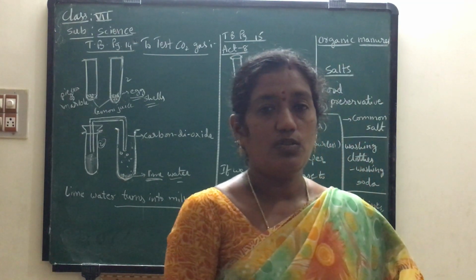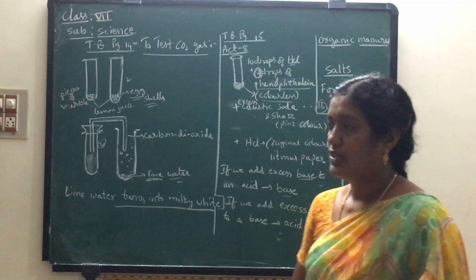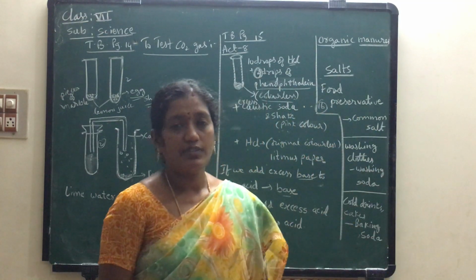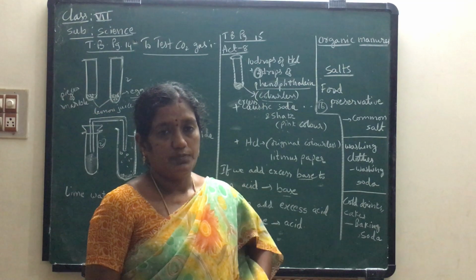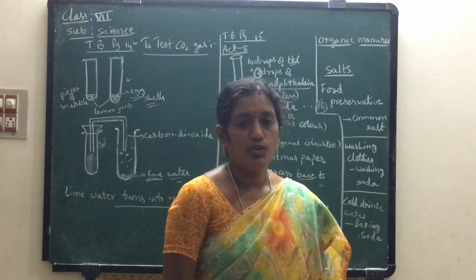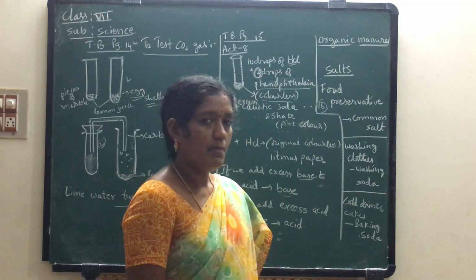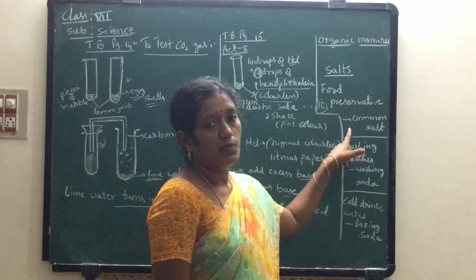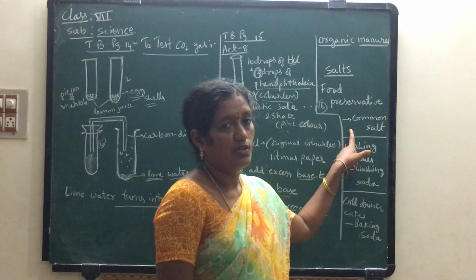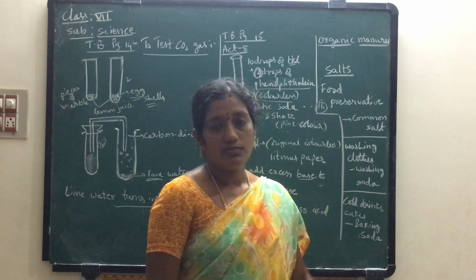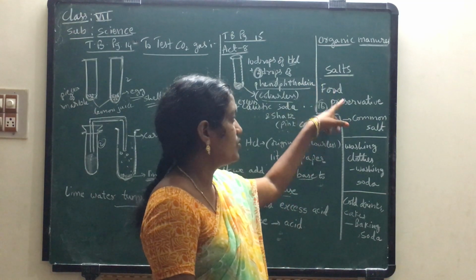Now, what are the uses of salts? See here, children. Food preservatives: pickles will be stored for a certain time, so for that we have to add a preservative. Which preservative do we use to preserve pickles? That is common salt. This is the use of salt.